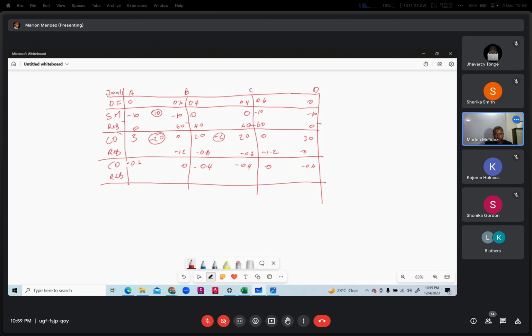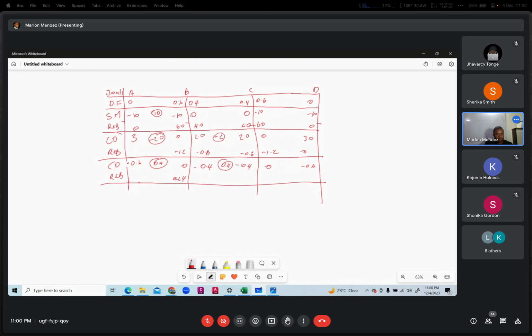You release and balance. So in releasing and balancing, this becomes positive 0.4. This becomes positive 0.4. Apply that. This becomes 0.24.